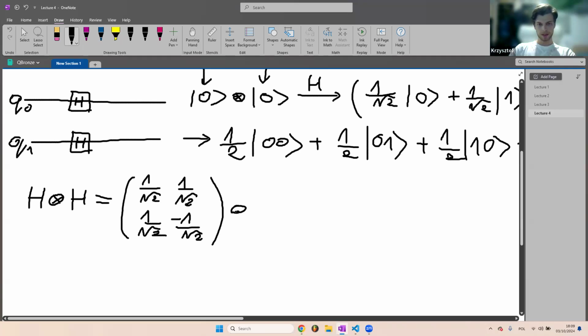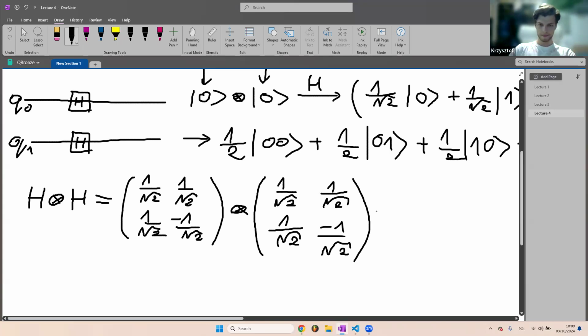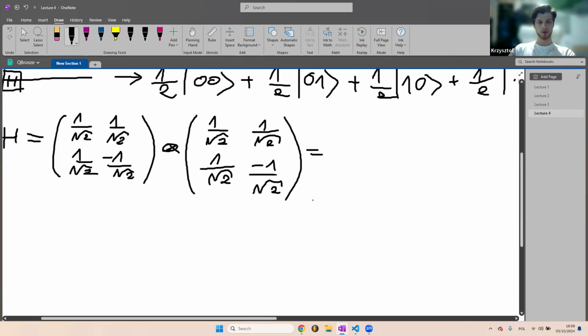And we'll calculate the tensor product of the same matrix with itself. I do this so you can see how the tensor product works, and therefore you'll be familiar with it once it appears in more sophisticated algorithms, and you won't be afraid of it.